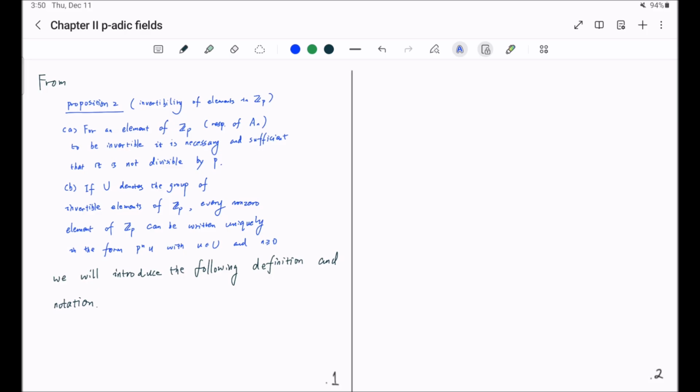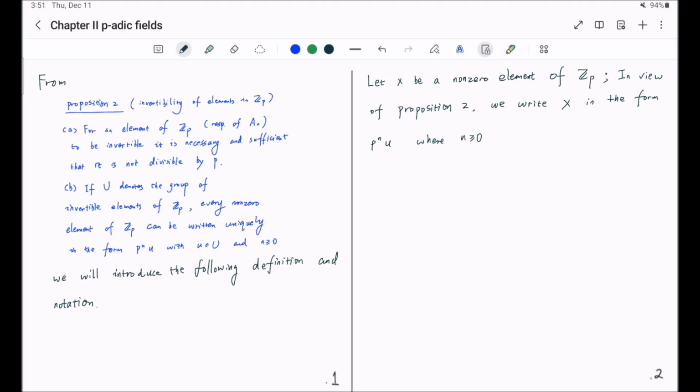Let x be a non-zero element of Zp. In view of proposition 2, we're going to write x in the form p^n u, where n is a non-negative integer, and u, as in this proposition, is an invertible element, living in the subgroup of invertible elements of Zp.